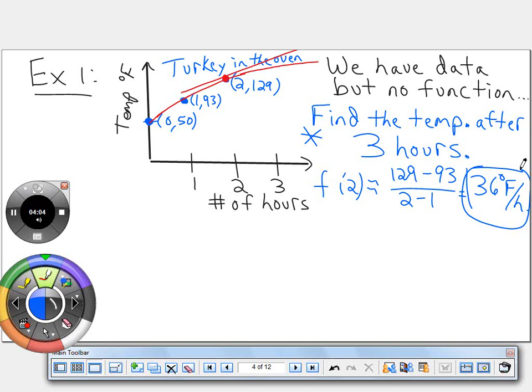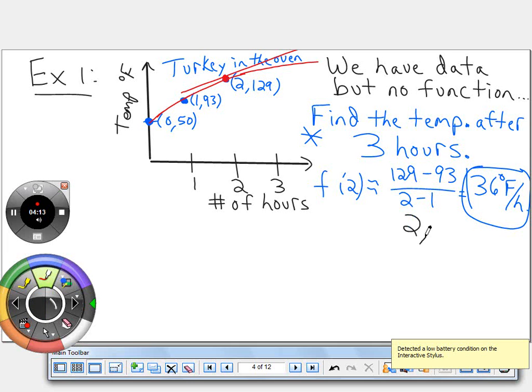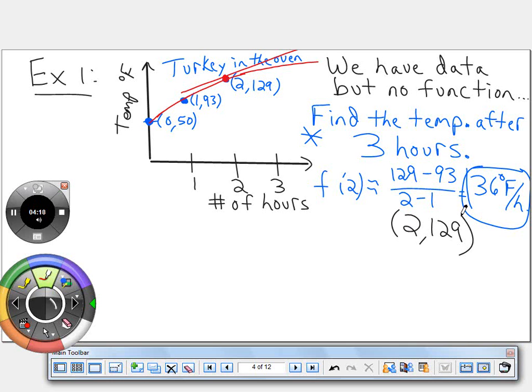Okay, so we got our estimated derivative, and now we need a point, and we already have the point, so we use the point 2 comma 129, and then we just write the equation of the tangent line. So we say y minus the y-coordinate, which is 129, equals the slope, which is 36, times x minus 2.